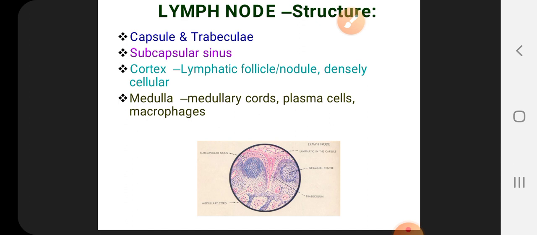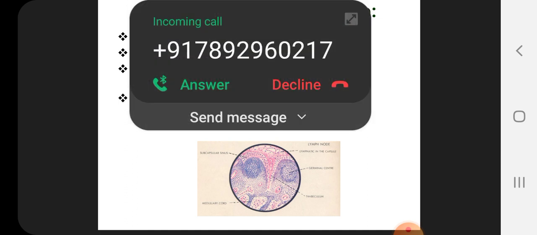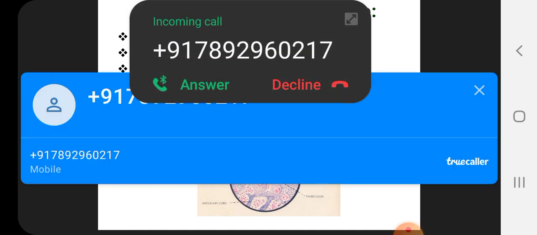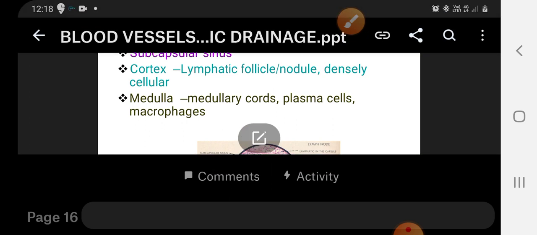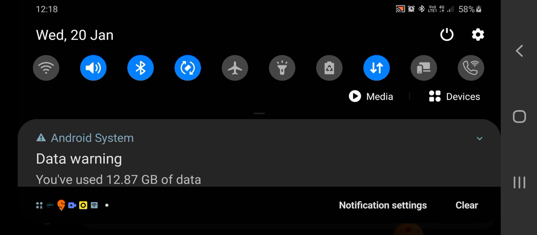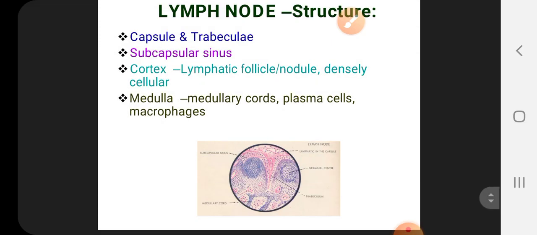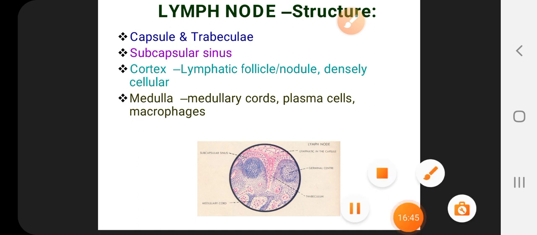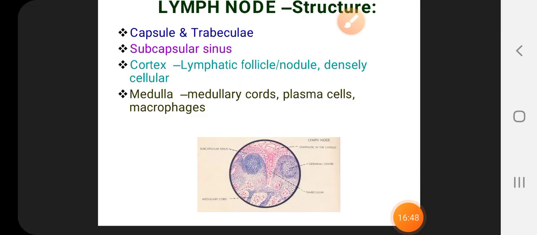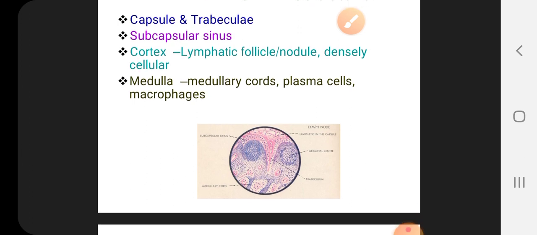It has two parts, cortex and medulla. The cortex consists of lymphatic follicles or nodules and is highly cellular.